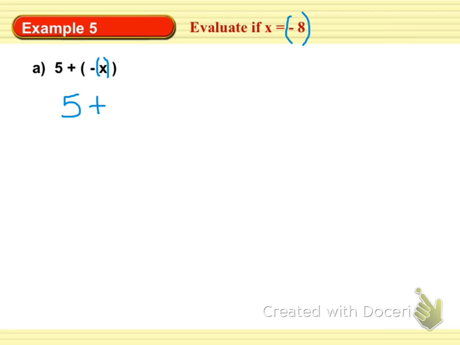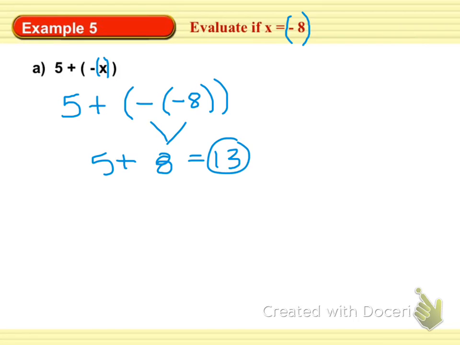So 5 plus, and then I have, sometimes we make other brackets. So now let's evaluate inside the parentheses. So we have the opposite of negative 8, which comes out as a positive 8. So 5 plus 8 is 13.